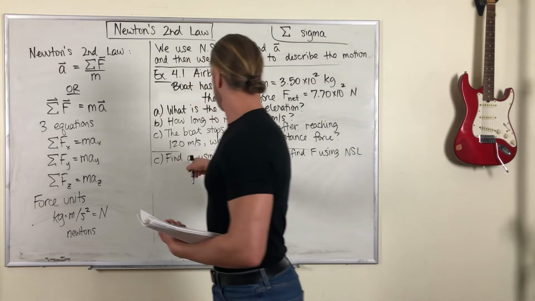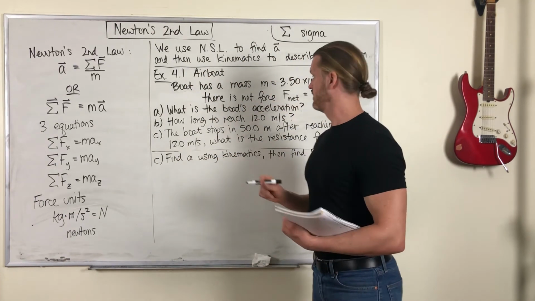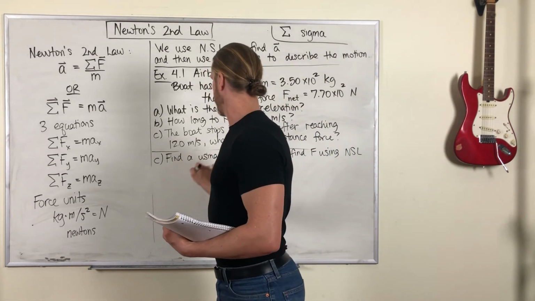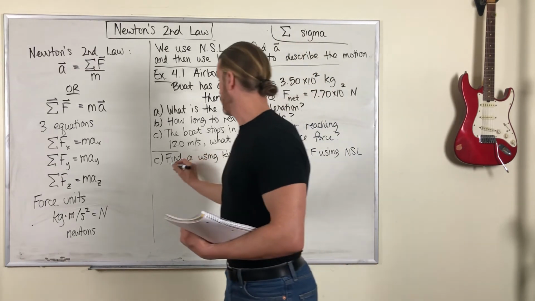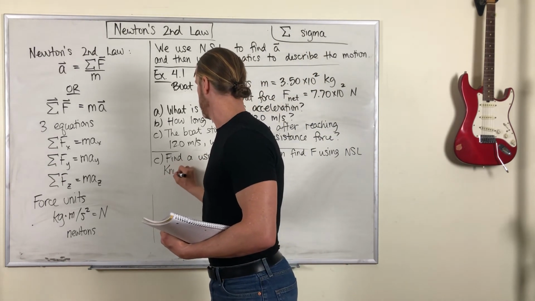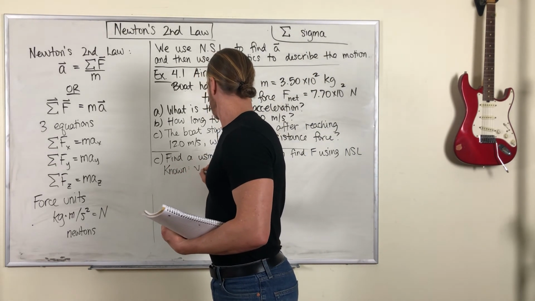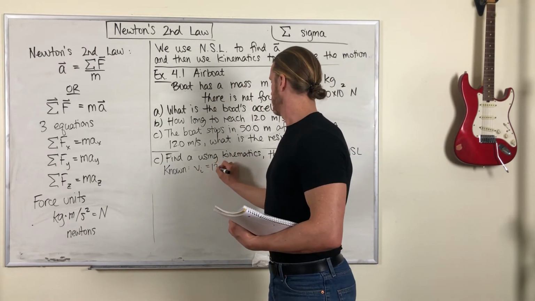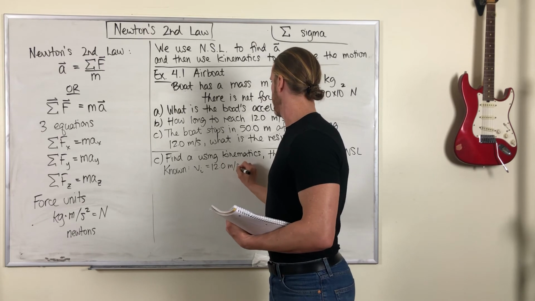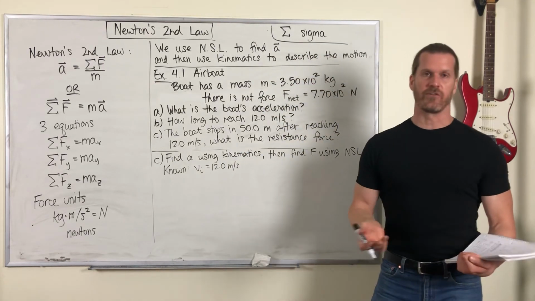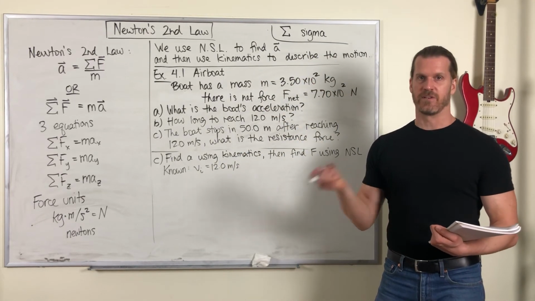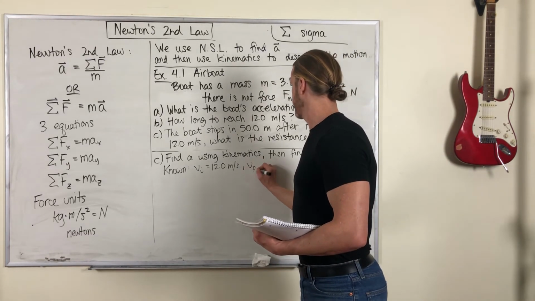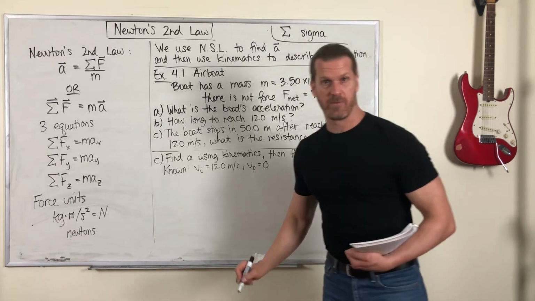All right, so let's do the kinematics part to find the acceleration for part C. I just identified I need to use kinematics, so now I'll write down my knowns. V initial is 12 meters per second. We're considering the initial case to be when it's moving at its maximum speed, and we're considering the final case to be when it comes to a stop.